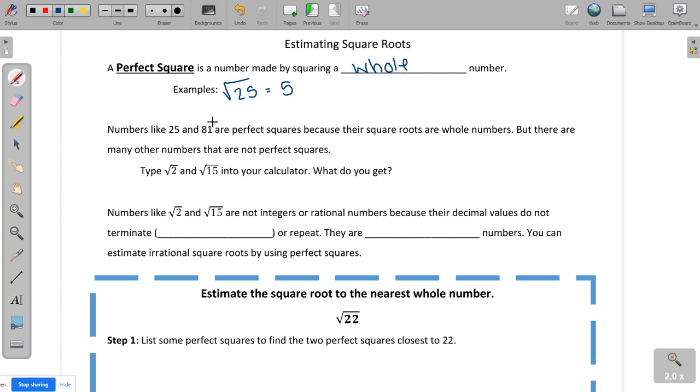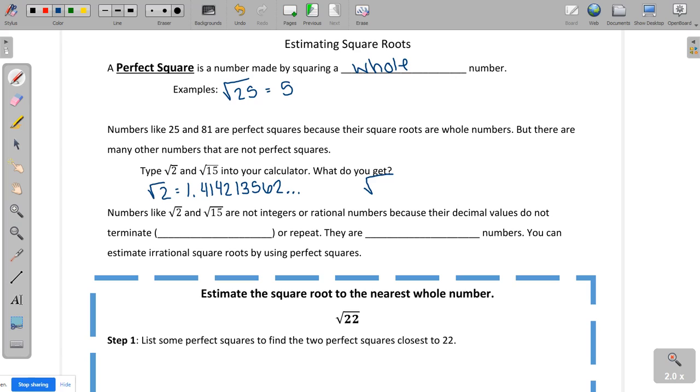But there are other numbers that are not perfect squares. So if we type in the square root of 2 in our calculator, we would get something like this: 1.41421356. The number keeps going on.